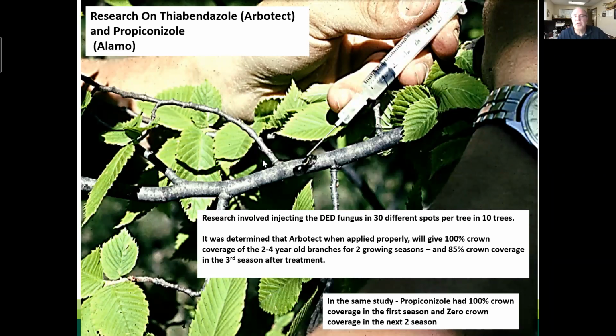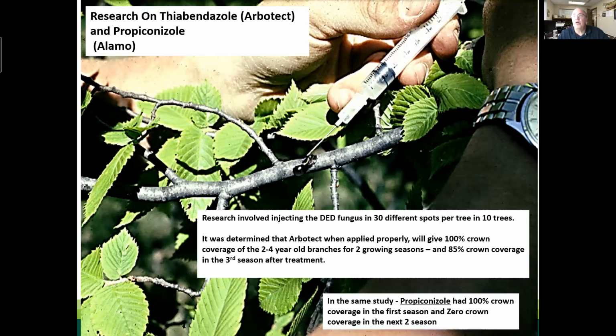Another one was Fungisol, which is basically 2 milliliters per injection site, and then a product called Phyton, which was making claims. We treated the trees, and then for 3 years in a row, we injected the fungus into 30 different places to see if the fungus would grow.